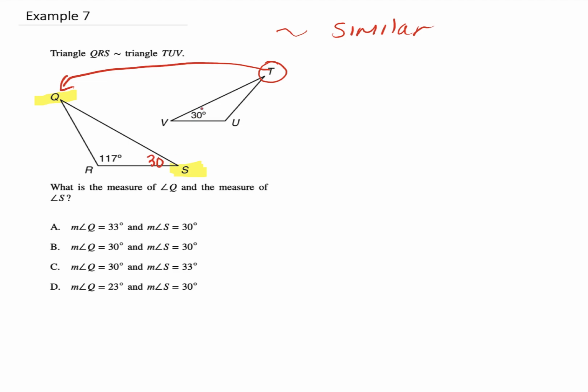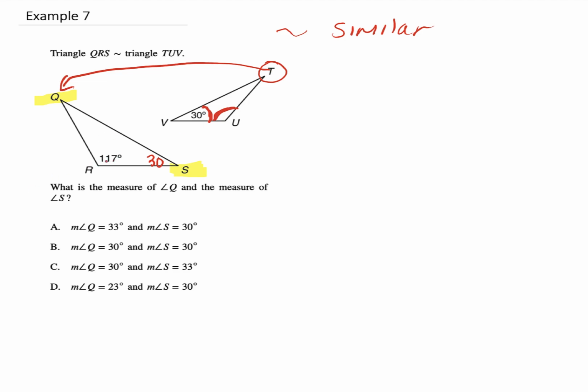This is an acute angle. An acute angle means that it's less than 90. Angle U here is what we call an obtuse angle. An obtuse angle means that it's greater than 90 degrees. Notice that the opening for U is bigger, and that corresponds to R.